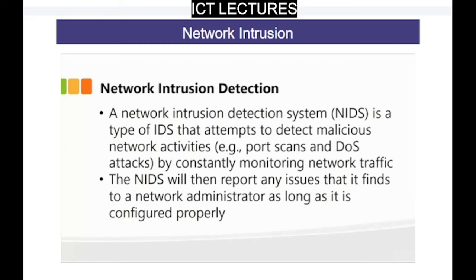The NIDS will then report any issues that it finds to the network administrator, as long as it is configured properly. So the network admin, for instance, would get an email saying someone tried to get in through a certain port, and you can detect that IP address, or the request coming from a certain source.